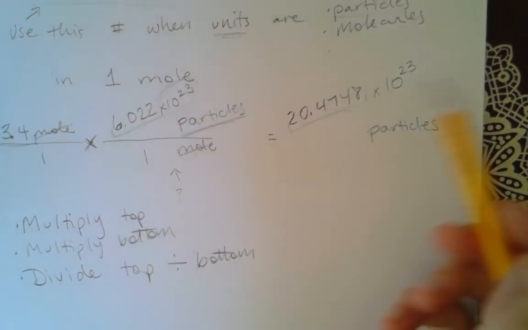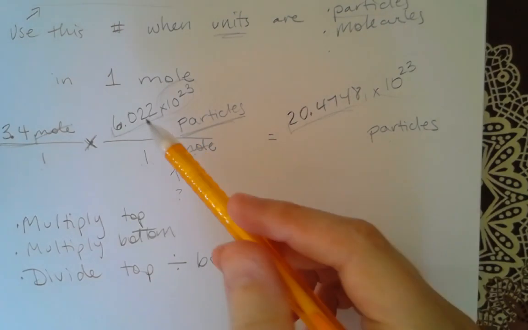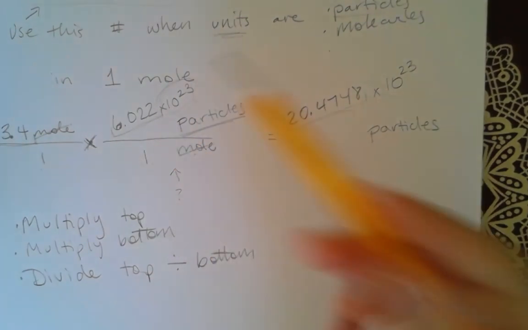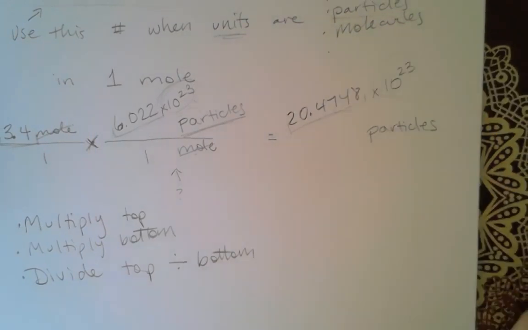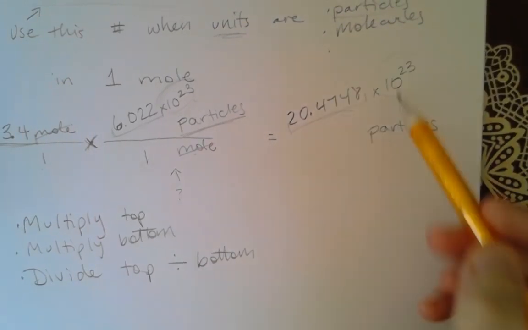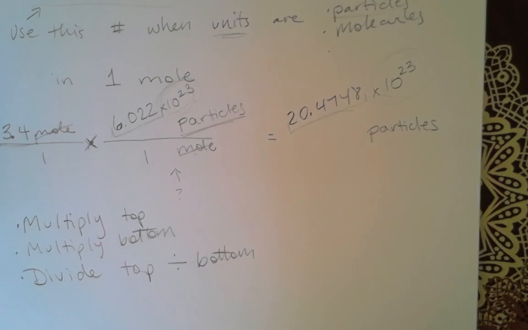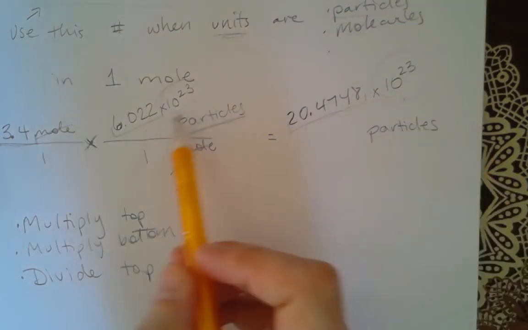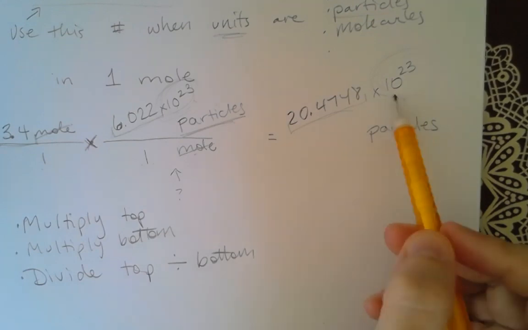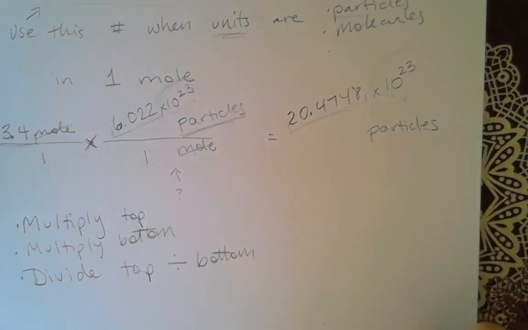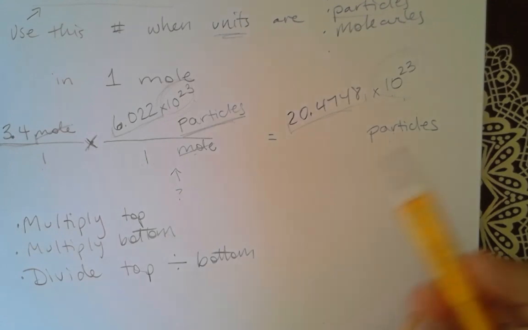We didn't use the calculator for it. It's 23 place values, that's huge. We just take it with us for the ride. Times 10 to the 23 started on top, times 10 to the 23 will end on top. And that right there is a correct answer. That's just fine.